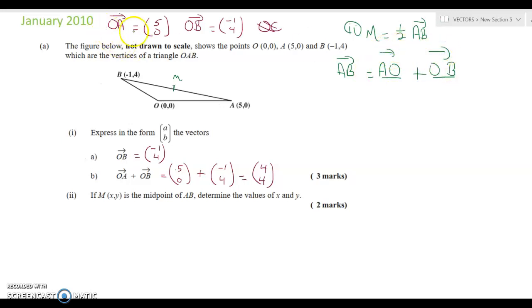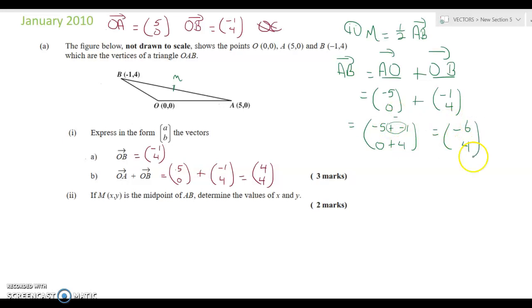So OA is (5, 0). AO would be, remember you just change the signs, (-5, 0). OB is (-1, 4). So here we would get negative 5 plus negative 1, 0 plus 4. Remember the positive and a negative is a negative. So you're going to get (-6, 4). This is AB.